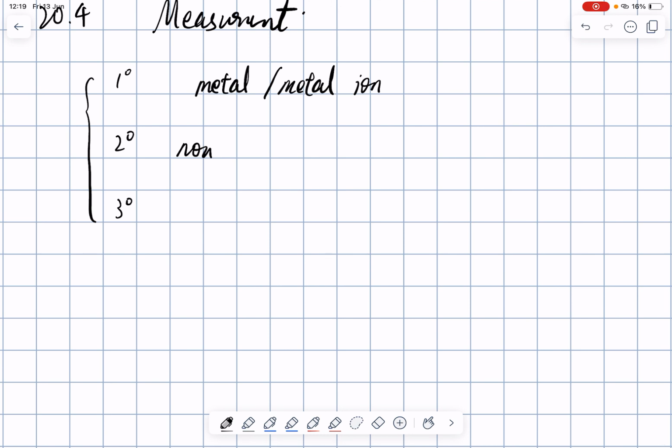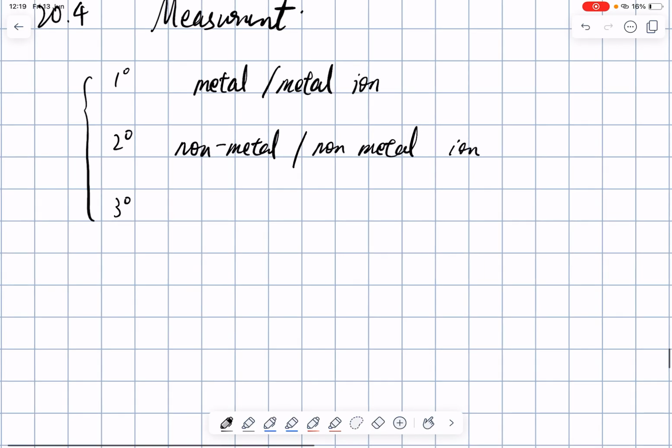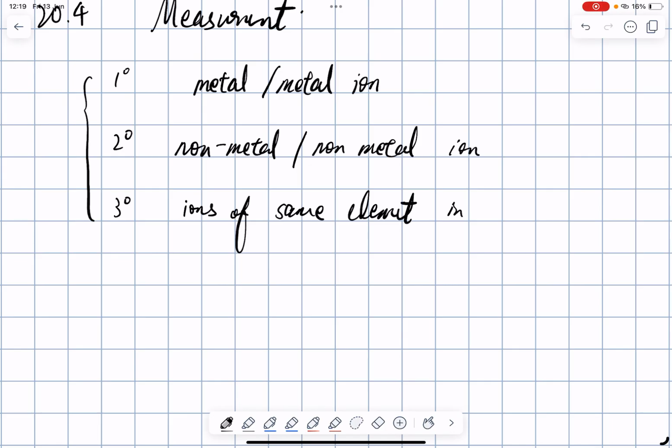Second, a non-metal ion system. And third, what's the third? Ions of the same element in different oxidation states.